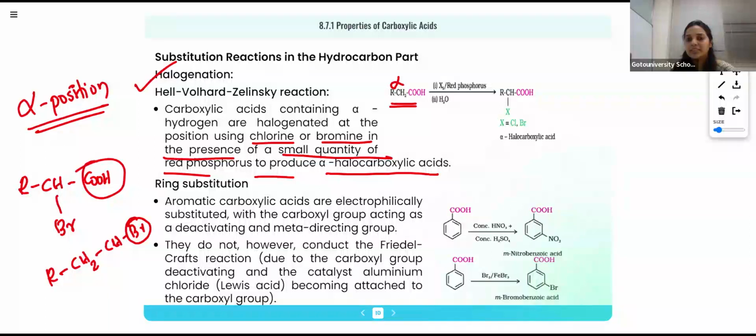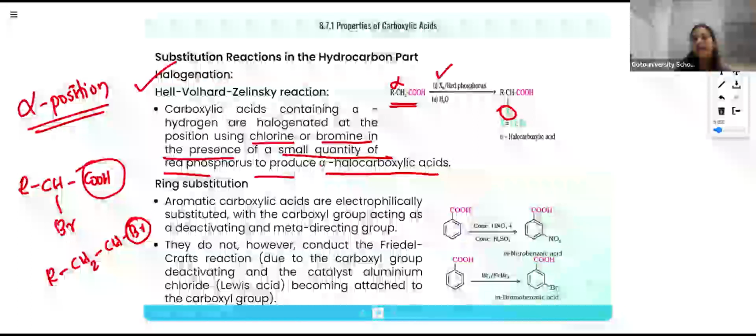I told you, this is the carbon atom next to the functional group, so this alpha position gets halogenated. This is called the Hell-Volhard-Zelinsky reaction. The reagents are the halogen, whichever halogen you want to substitute, and red phosphorus. Important.